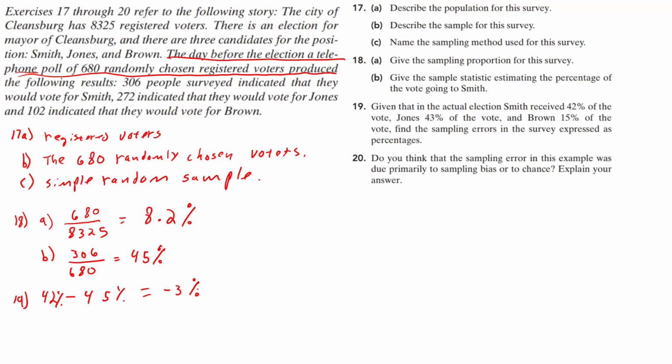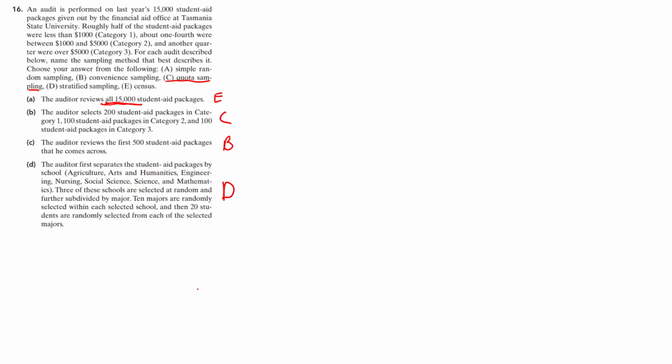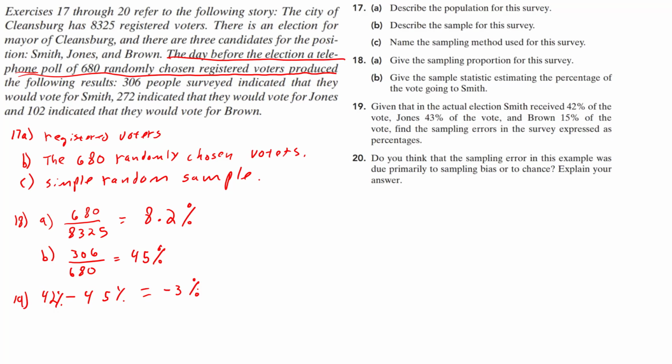The difference between a parameter and the estimate, right? So sampling error is the difference between a parameter and the estimate. So the parameter goes first, and so the parameter is what the actual one was, 42%, and so our survey had an error of negative 3%.